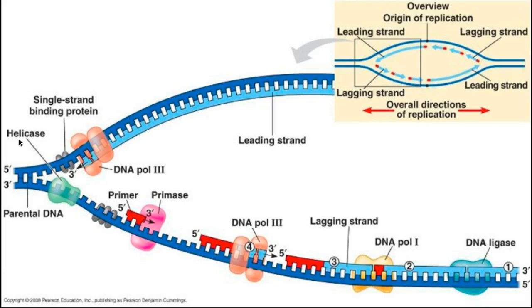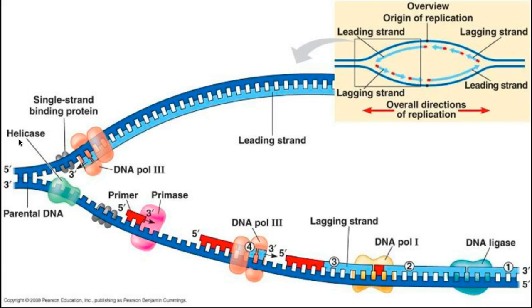So there are two strands, I guess, when we're talking about DNA. We have a leading strand and a lagging strand, and this has to do with the orientation of the nucleotides on each strand. DNA polymerase III is the enzyme that is going to add the bases to that template strand to make the new molecule.